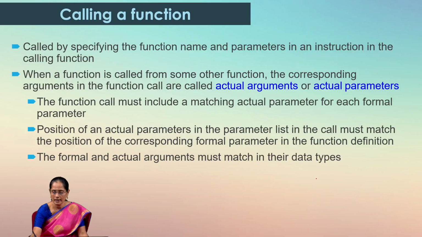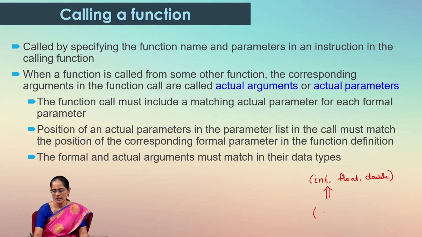Suppose I declare 3 parameters in the function, one of integer type, the second of float type and the third of double type. Then while supplying the values when calling the function, the values should be assigned in the same order and of the same data type.